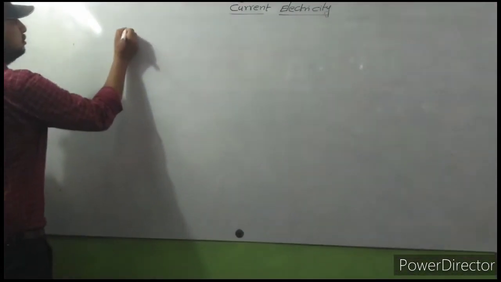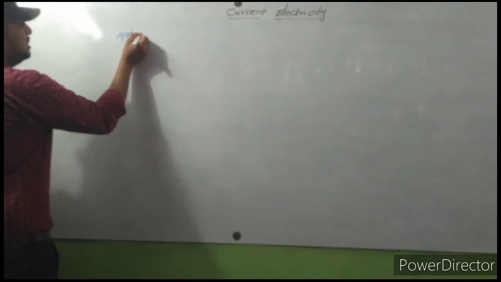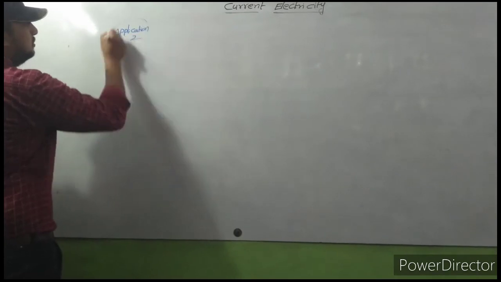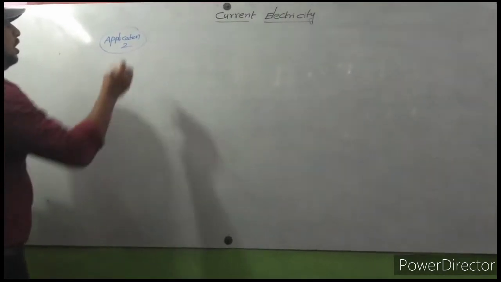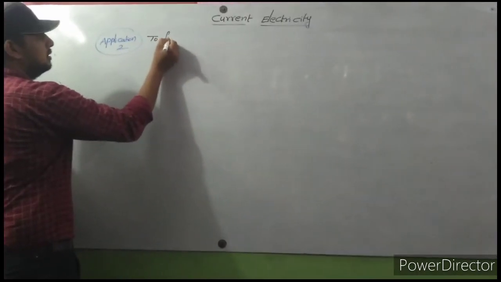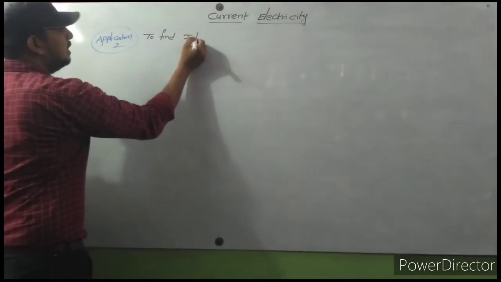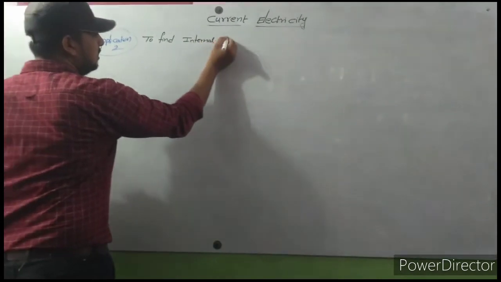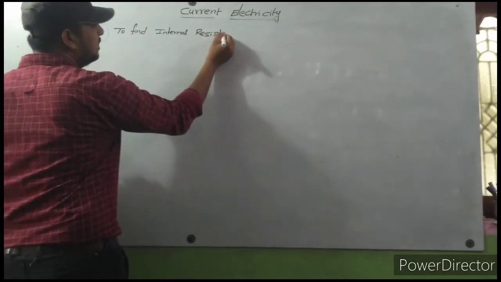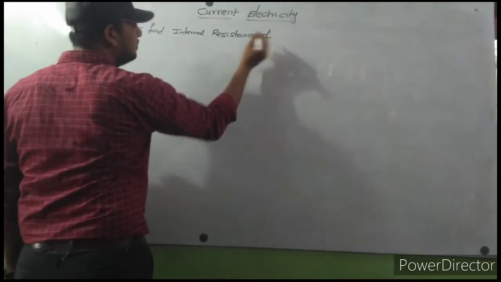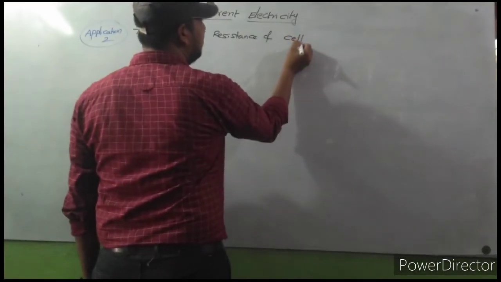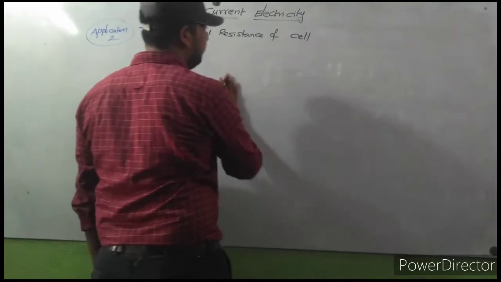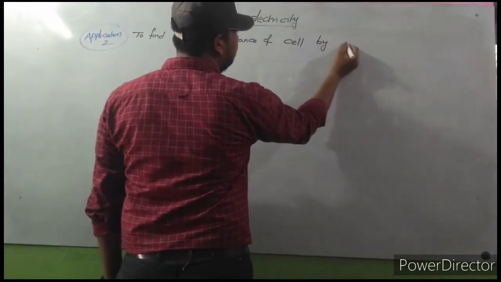Application number 2. So what is the second application? To find the internal resistance of a cell by using a potentiometer.